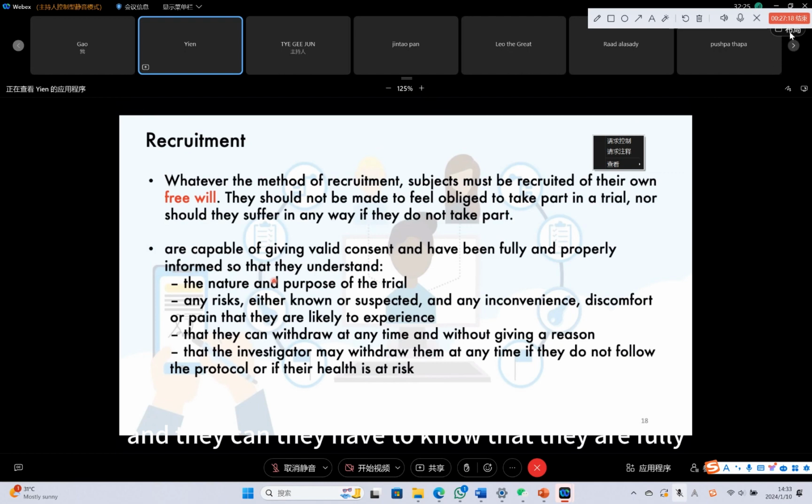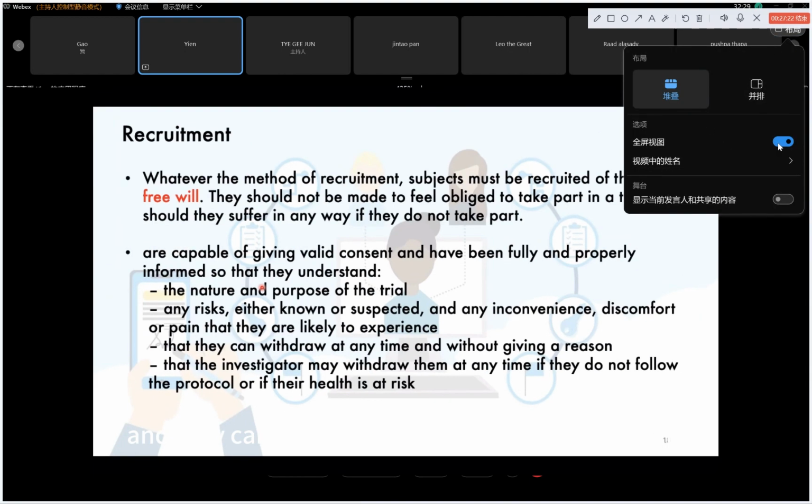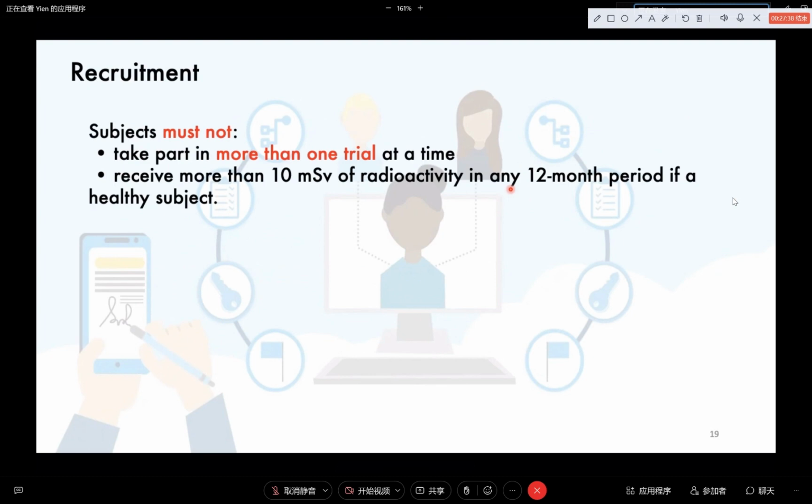They have to know that they participate fully of their own free will, meaning they can withdraw at any time without giving any reasons, and the principal investigator can terminate them if they are not following the protocol of the clinical trial.